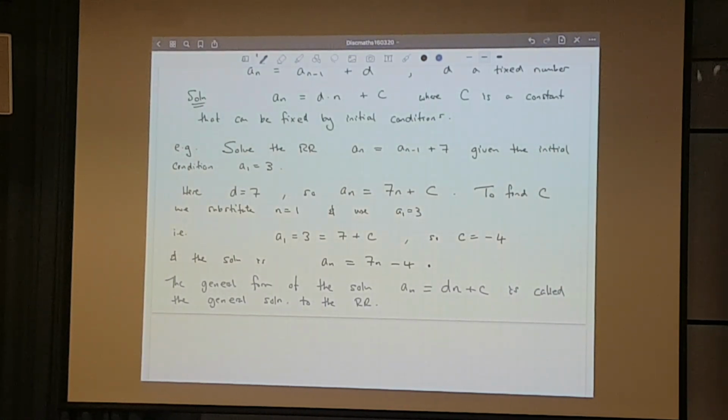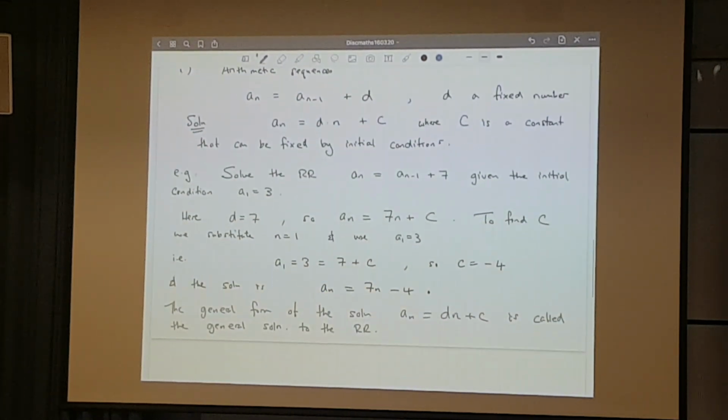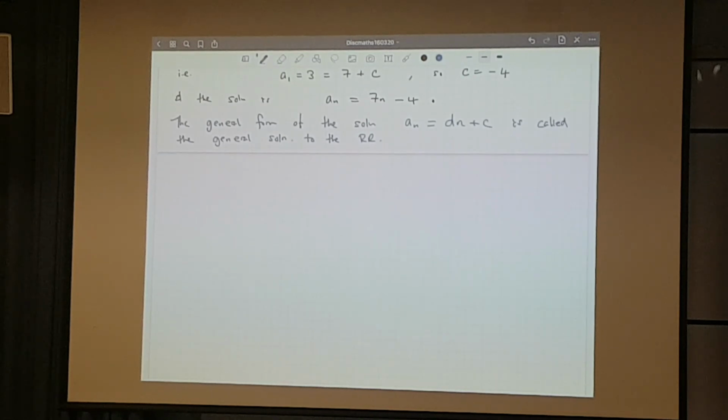So the next one to do is geometric sequences. So that was arithmetic sequences, so let's do geometric sequences.